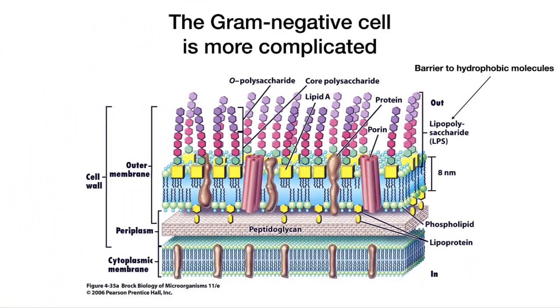The presence of LPS in the outer membrane makes gram-negative bacteria more resistant to some antibiotics and many disinfectants in comparison to gram-positive cells. This is, of course, species dependent. Some species will have more of a resistance, some species that are gram-negative will have less of a resistance.